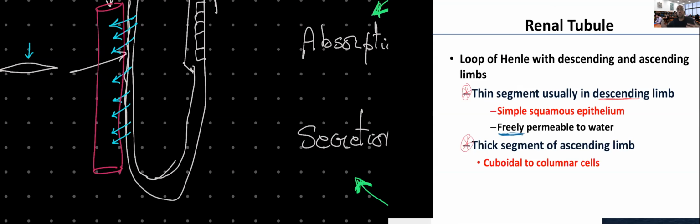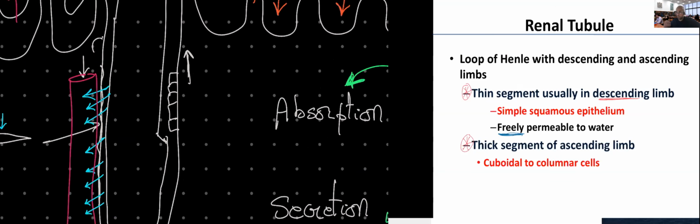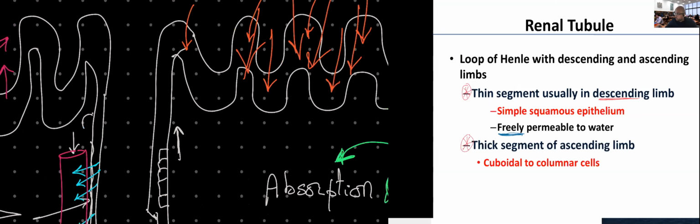I am highly permeable for the water to travel. So water will travel without the need of moving salt, free water. Compared to the thick segment, it's going to be formed of cuboidal to columnar cells, and it's going to be confined mainly to the ascending limb of the loop of Henle.